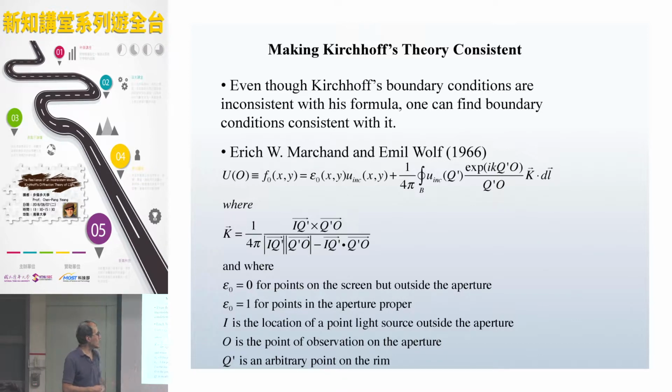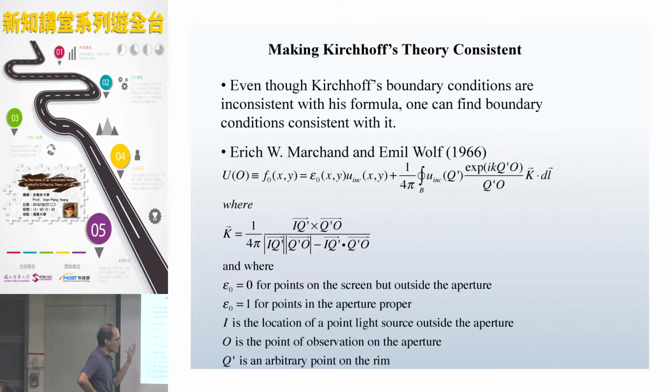I believe Marchand was working at the University of Rochester, upstate New York, and Wolf was a physicist at Polaroid, and both were students of Max Born, the German Jewish physicist, one of the contributors to quantum mechanics. But anyway, Marchand and Wolf in 1966 gave this formulation of the Kirchhoff diffraction theory.